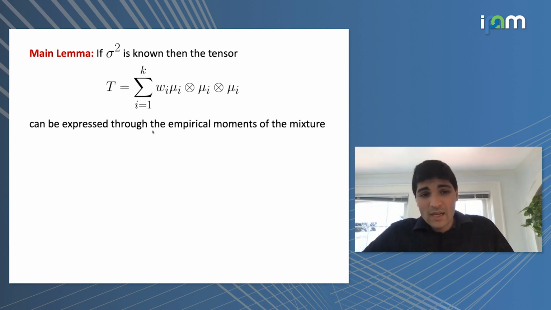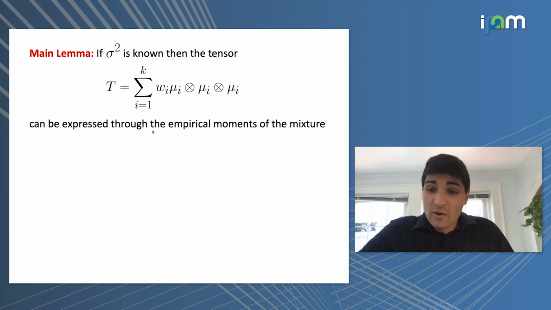Then the main lemma is that I can compute the following tensor using moments of my distribution. So this tensor would look like the sum over i of w sub i, which remember is the mixing weight, so that's a scalar, times mu i tensor mu i tensor mu i.